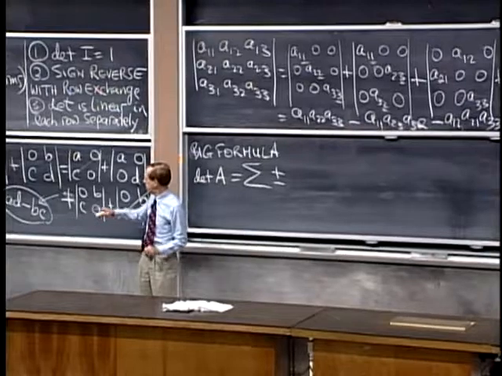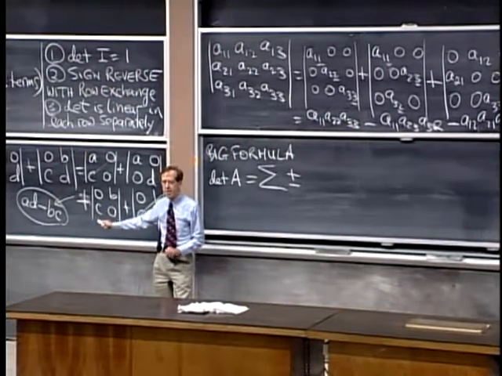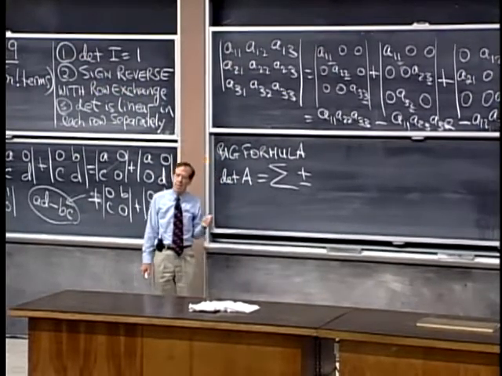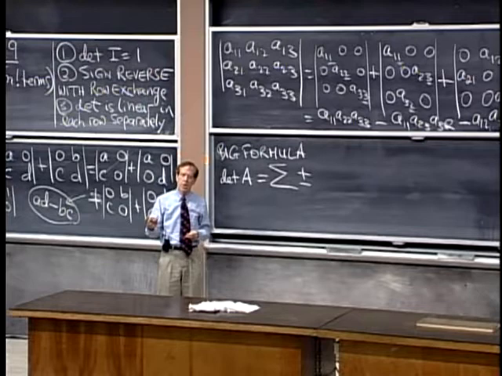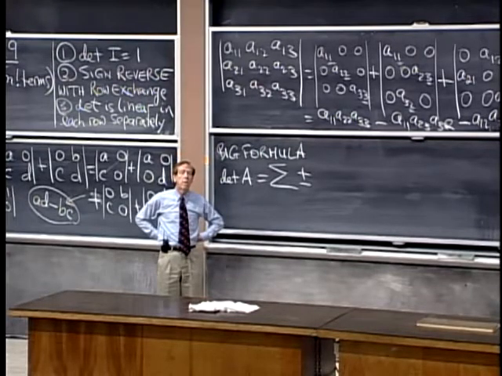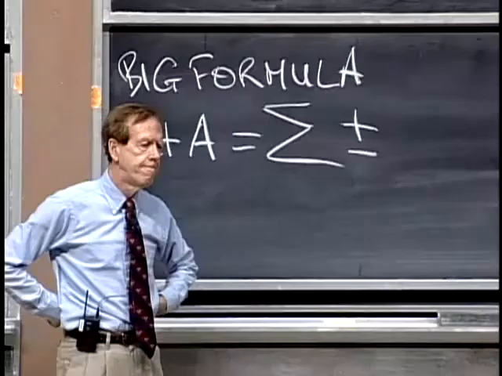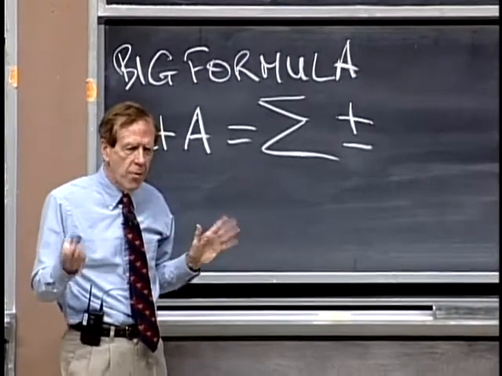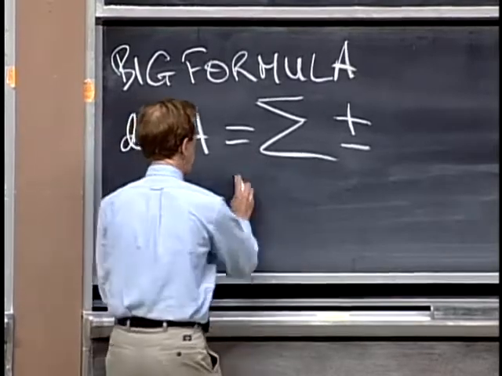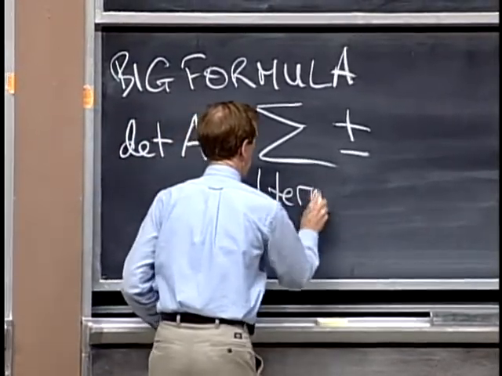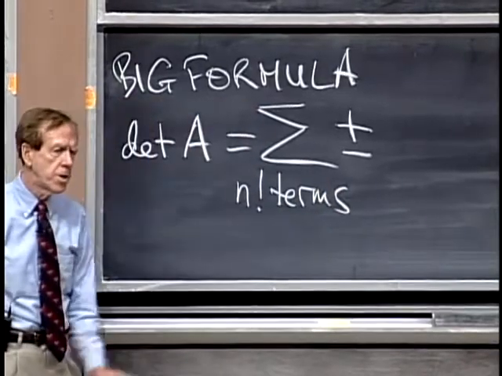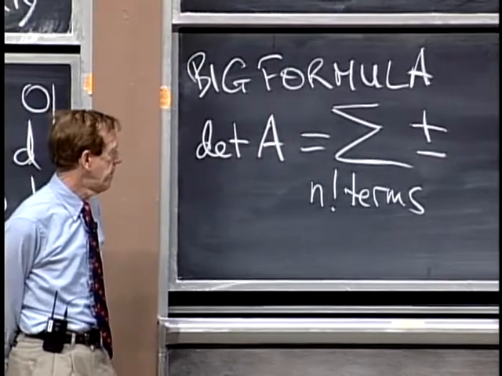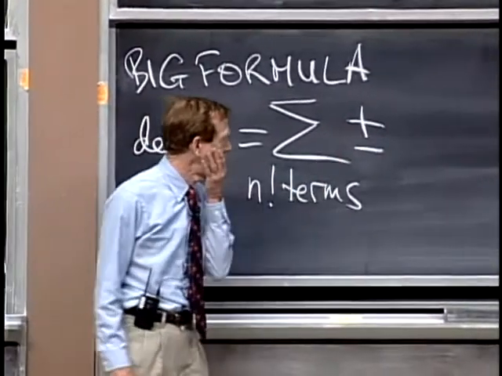If I get 2 terms in the 2x2 case, 6 terms in the 3x3 case, what's that pattern? How many terms in the 4x4 case? 24. 4 factorial. This would be a sum of n factorial terms. 24, 120, 720, whatever's after that. Half plus and half minus.